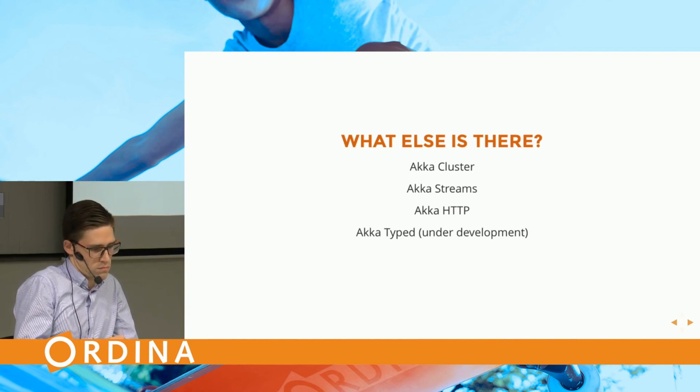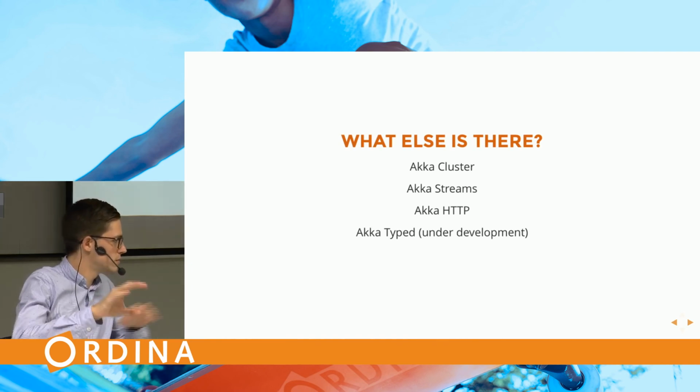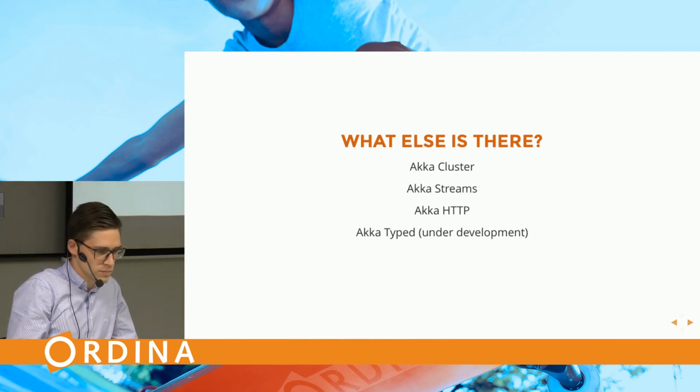So more type safety is always nice. And then there are also other integration supports for Akka. Camel is an example, so you can integrate Camel together with Akka. But there are a lot of other different supported integrations available.